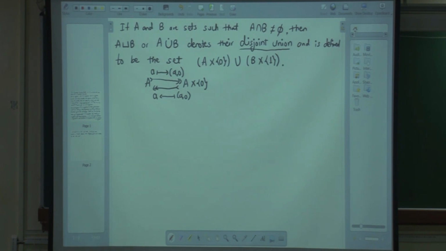This particular thing is required for our purposes, disjoint union, and our main result about two sets having the same cardinality is the Cantor-Schroder-Bernstein theorem. So let us write it down.